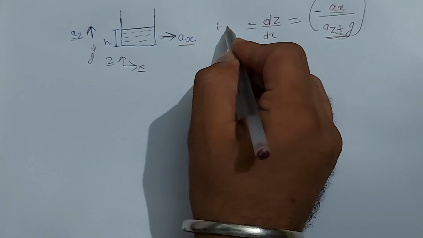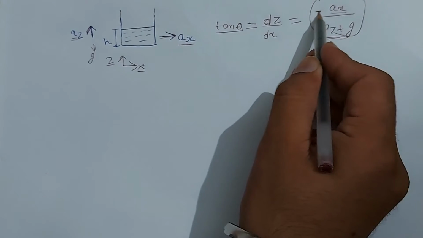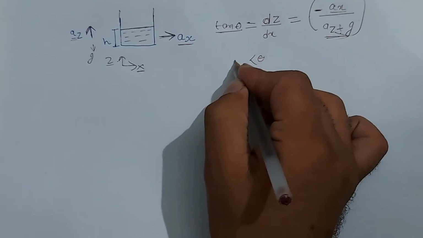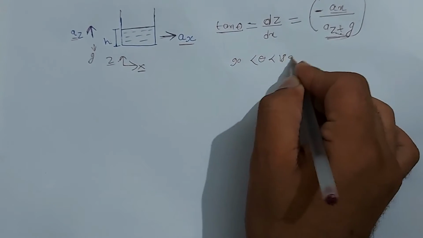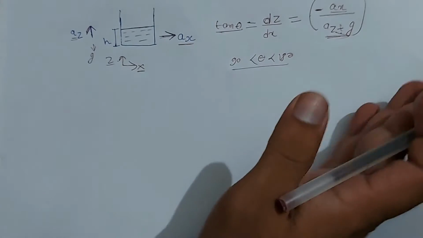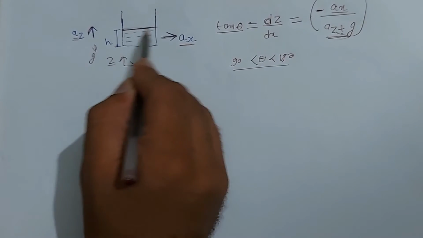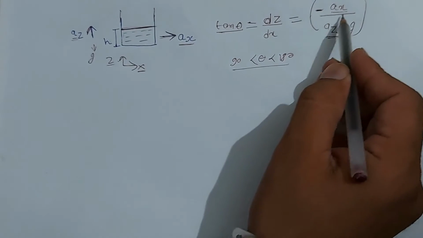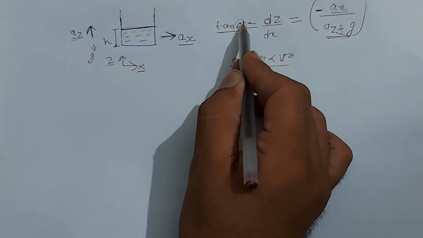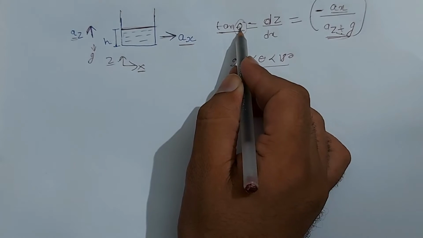So this we have discussed, and we can also draw it. We know that this is also known as tan theta, and if tan theta is negative, this means theta lies between 90 and 180, right? So the slope is given by this only, but the inclination is given by theta. Tan theta is the slope and theta is the inclination.